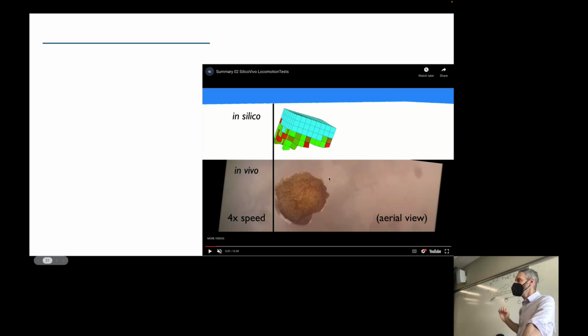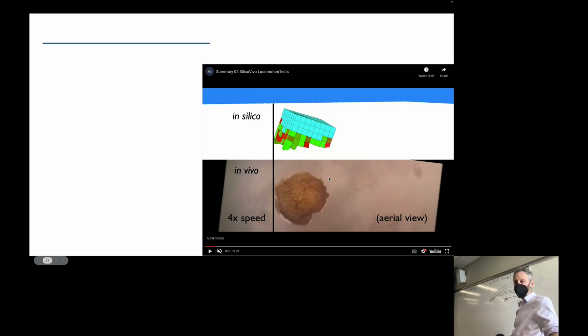So we did a control test, which is we took the physical Xenobot and we flipped it on its back. If the Xenobots will just tend to move no matter what distribution or what shape they have, a Xenobot on its back should move just as far forward as the Xenobot on its front.